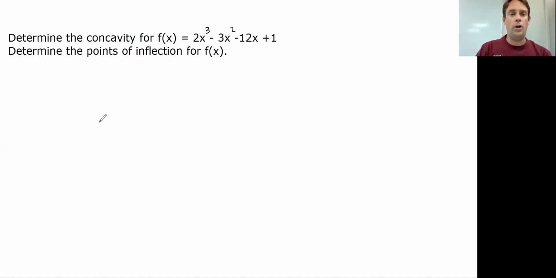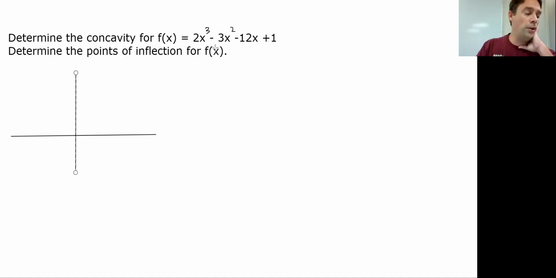Since we dealt with this yesterday, I want us to remember a little bit about what's going on here. I'm going to draw some of the things that we saw yesterday. Yesterday when we did this problem, we said it had a relative max at negative 1, 8, right about there.